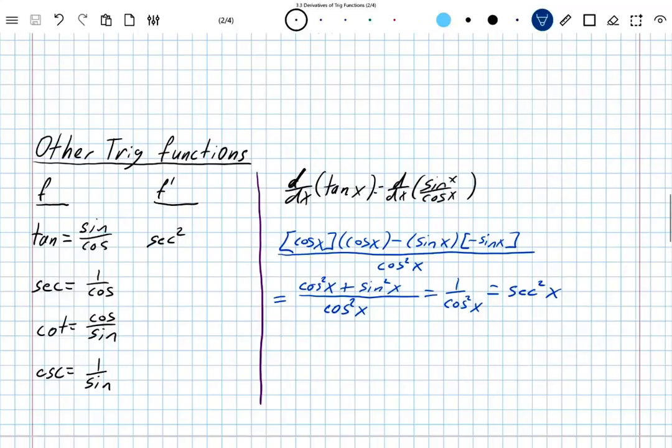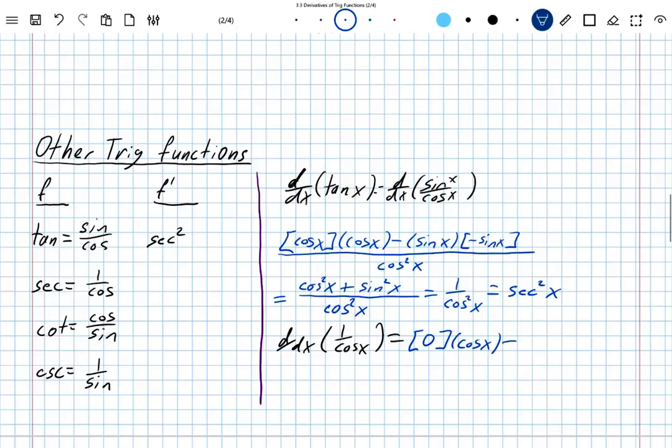All right, let's do one more. Let's go ahead and do the secant. So I'm going to take dx of, for secant, looks like 1 over cosine of x. Same game, we're going to do the quotient rule. So if I do the quotient rule, this one is in some ways nicer. The derivative of the top is just a 0, and then I leave the bottom alone, but it's not really going to matter.